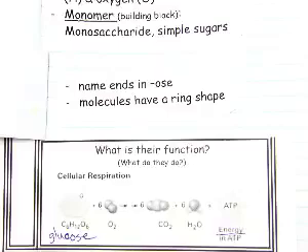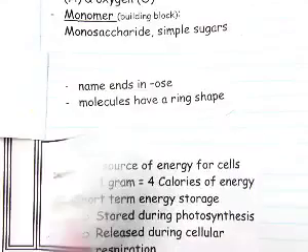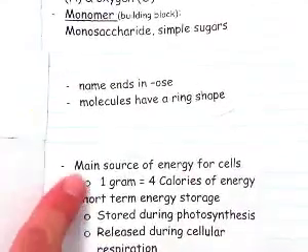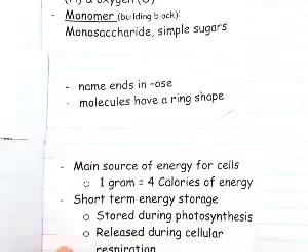Glucose is going to help give the cell energy. Glucose or carbohydrates, they're the main source of energy for cells.